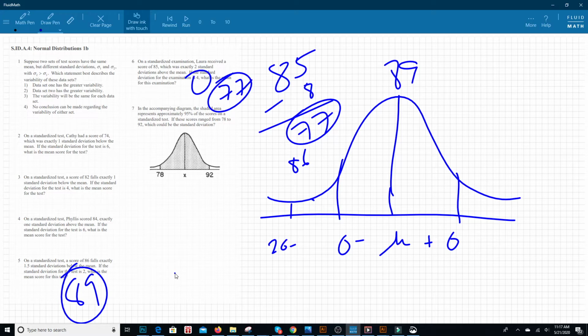Question 7 says, in the accompanying diagram, the shaded area represents approximately 95% of the scores on the standardized test. If these scores range from 78 to 92, which could be the standard deviation?